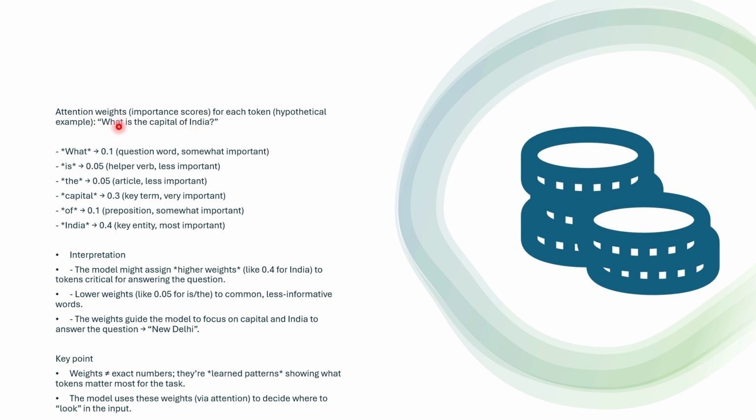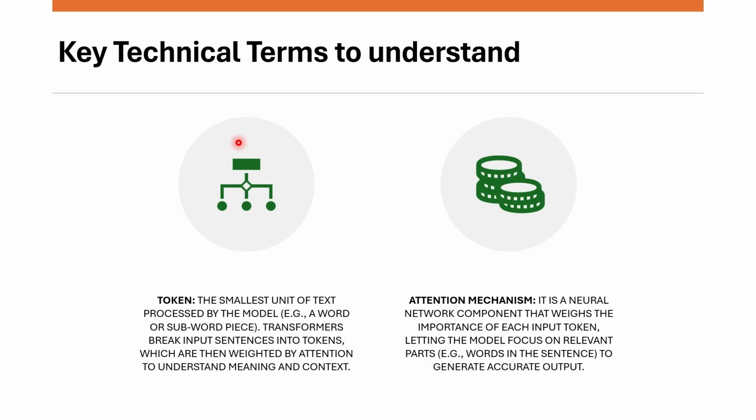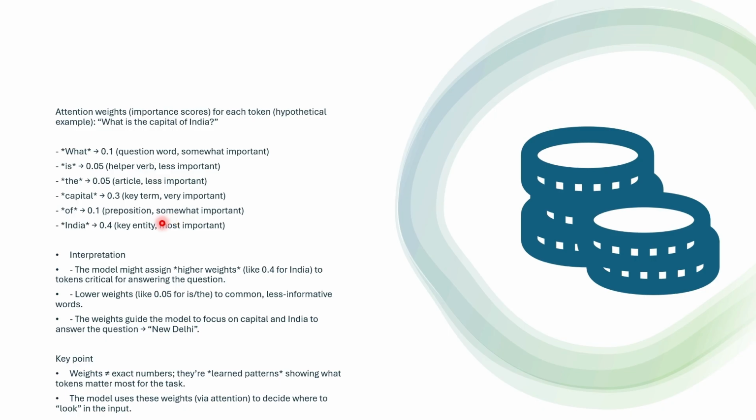And then the attention mechanism which the GPT model has will generate a score based on the importance. This is totally hypothetical, guys, and it could vary based on the question and the importance of the token. But in this example, we can consider that what could be given a 0.1 score because it is a question word and it is kind of important.